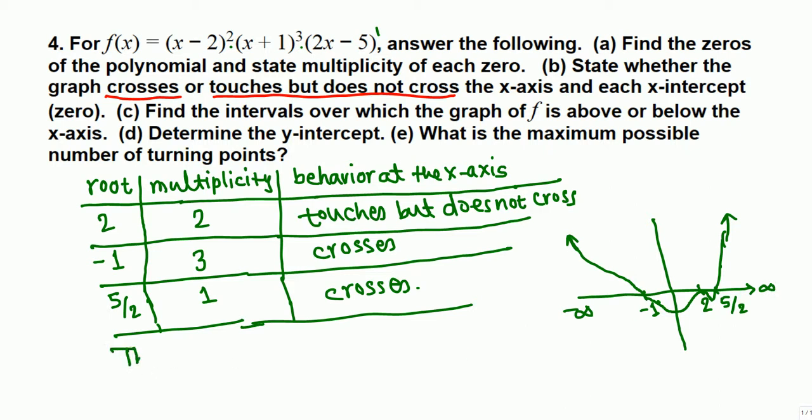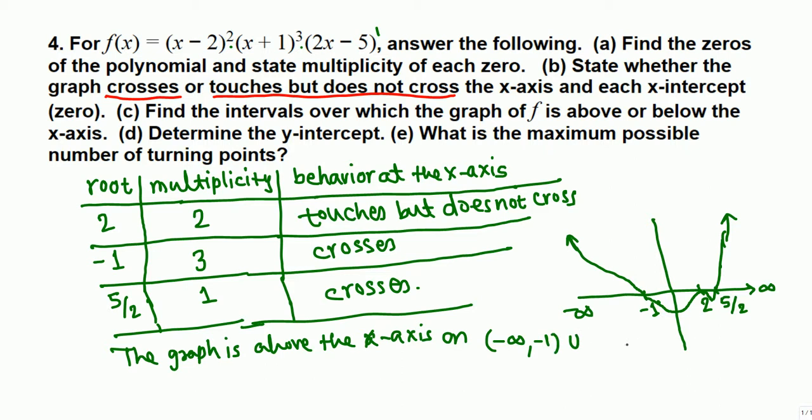So the graph is above the x-axis on negative infinity through negative 1 and 5/2 through all the way to infinity, and the graph is below the x-axis from negative 1 to 2, 2 to 5/2, or all the way negative 1 through 5/2.